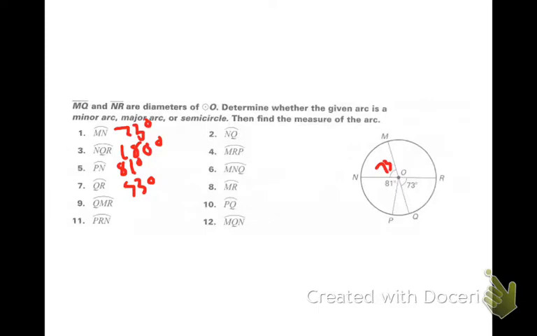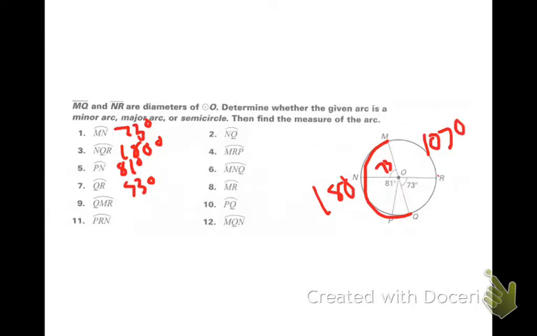Okay, so for QMR we know that this, our QNR, that's 180. And then we've got this, this is 73. So this side is 180, right? This half of the circle would be 180, the unshaded half. So I take 73 from 180 and I would get that this is 107, right?